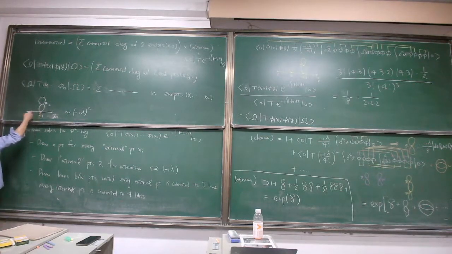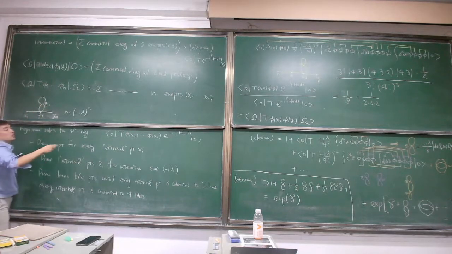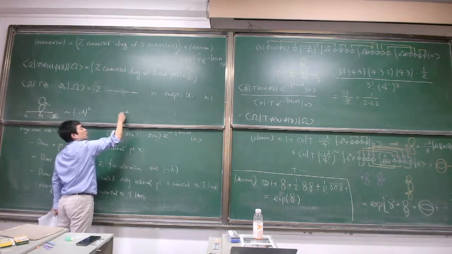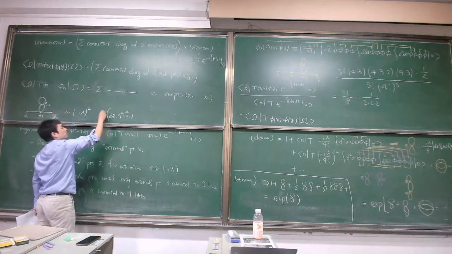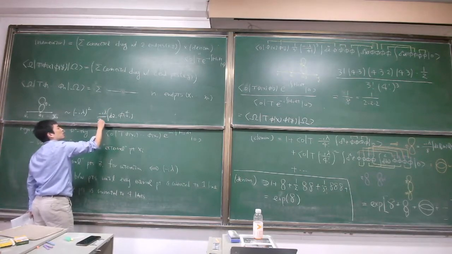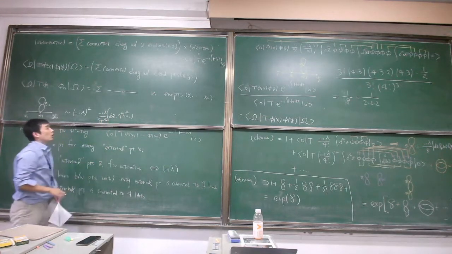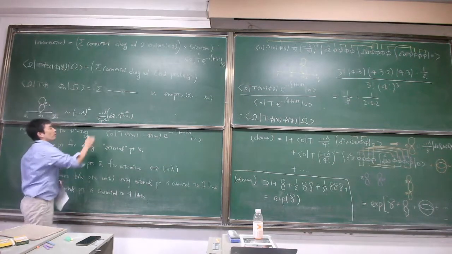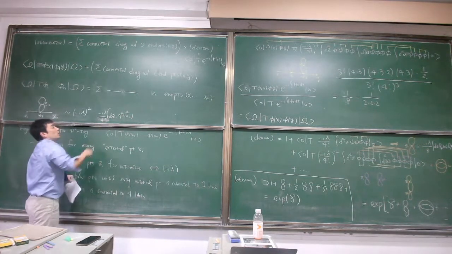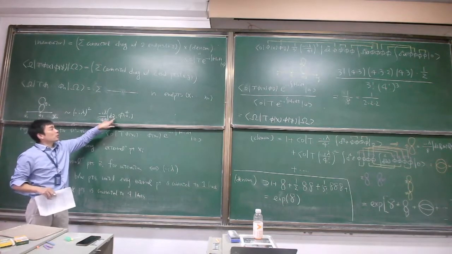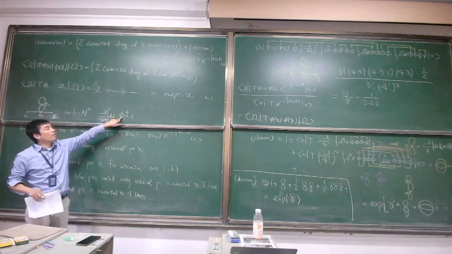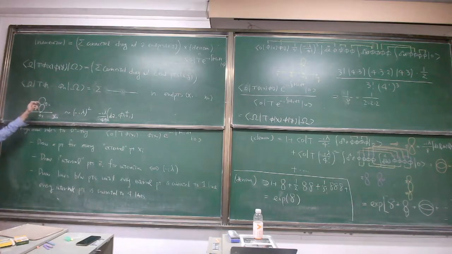So in this case, 1, 2, 3, 4, because we have the phi to the fourth interaction. So for internal points, we always assign this, and therefore phi to the fourth should create four lines at the internal points.